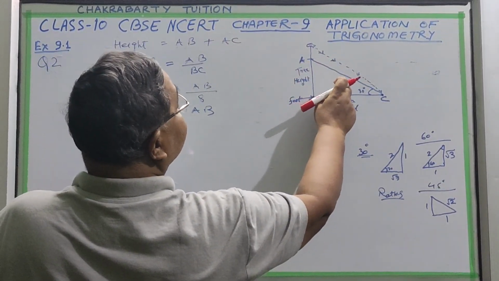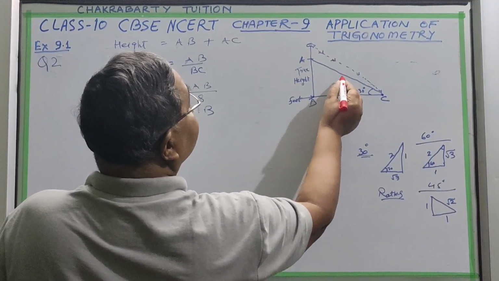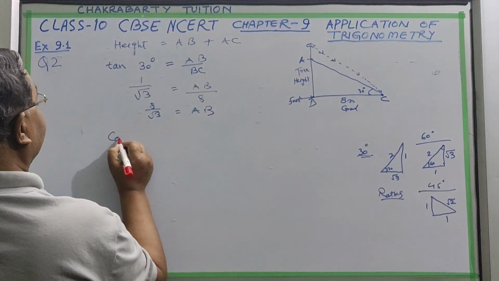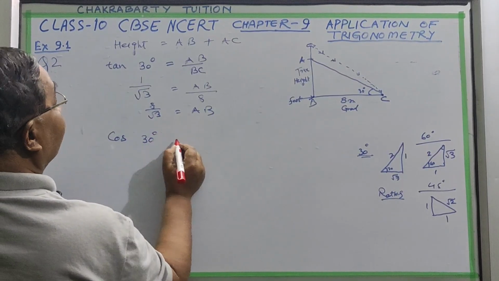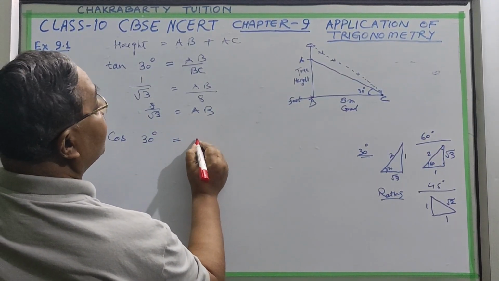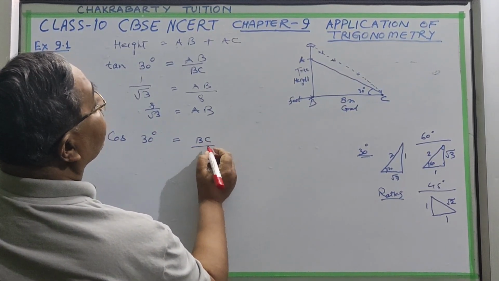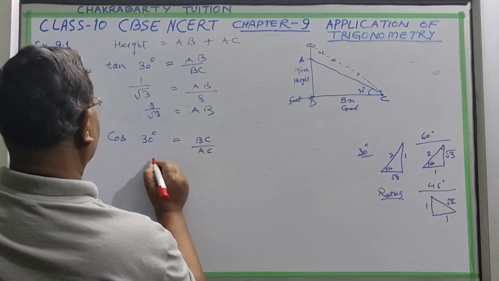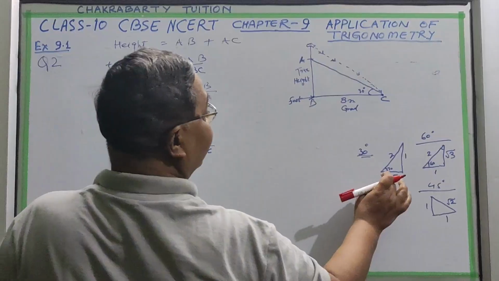Now we will find this height. So for this, we can find cos from here to this side. So we will find cos 30 degree. Cos 30 degree is equal to BC upon AC. So cos 30 will be how much?